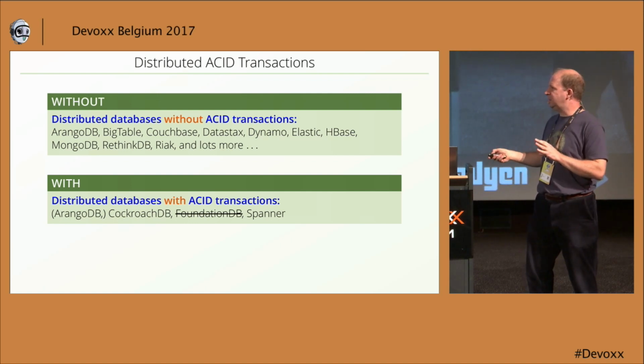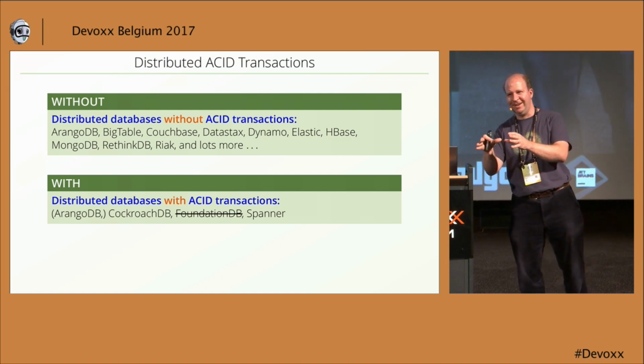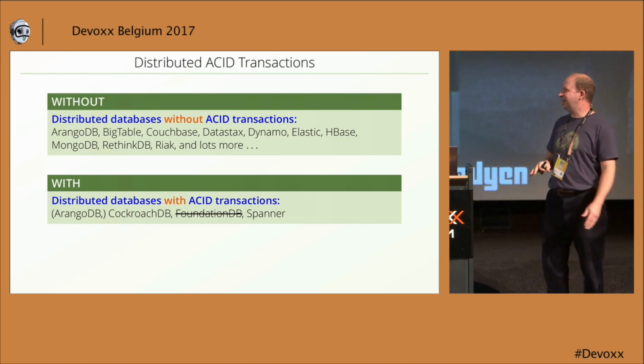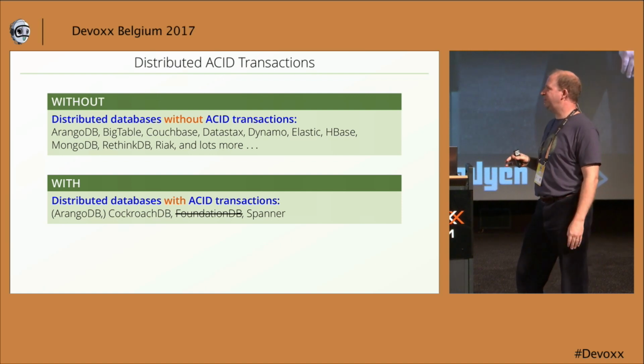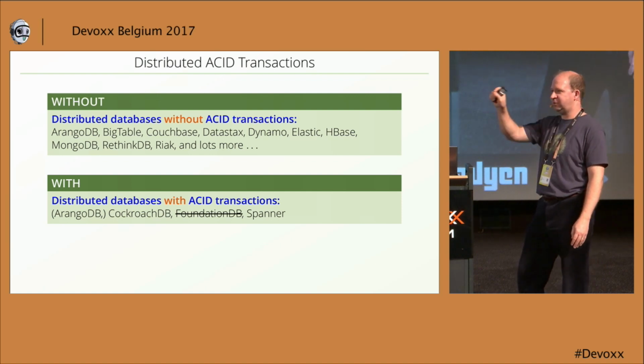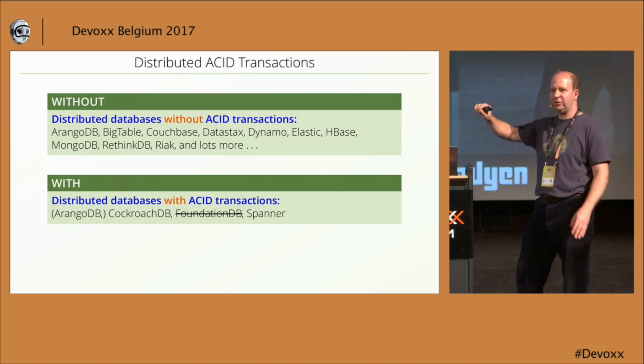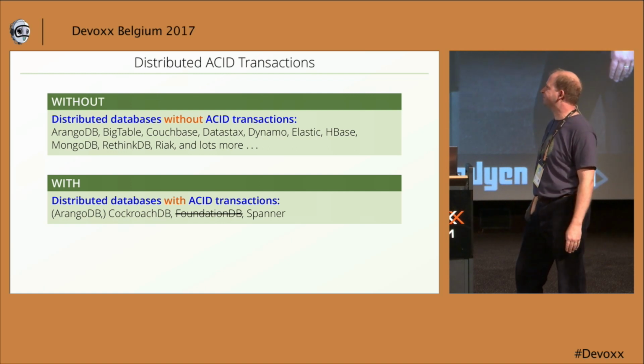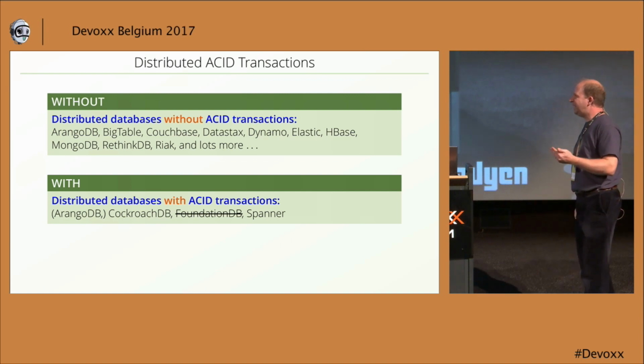But I have put us here as well, because we have a plan to get there. And hopefully sometime we can see the headline on Hacker News, ArangoDB now with distributed transactions, and then I will be a happy man, provided it works. Anyway, it is hard.